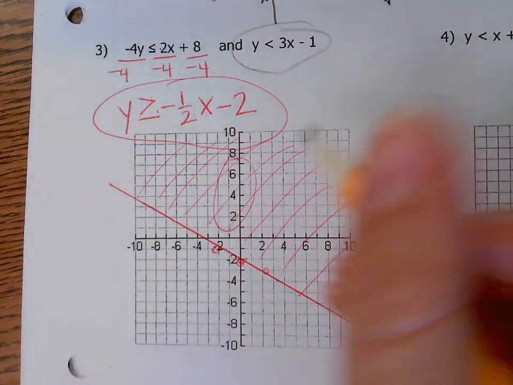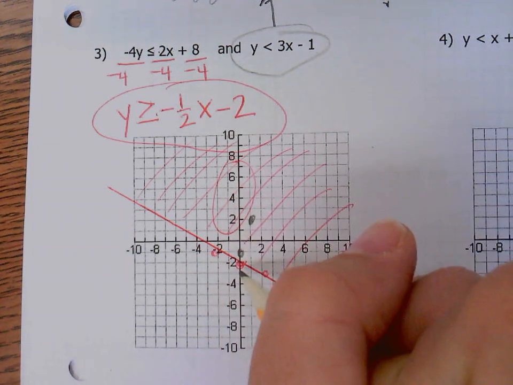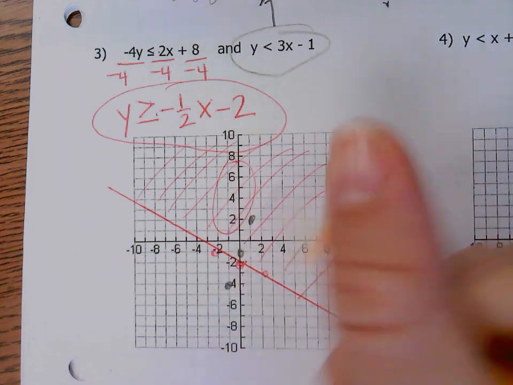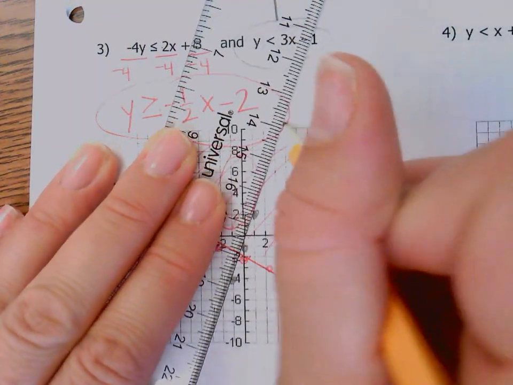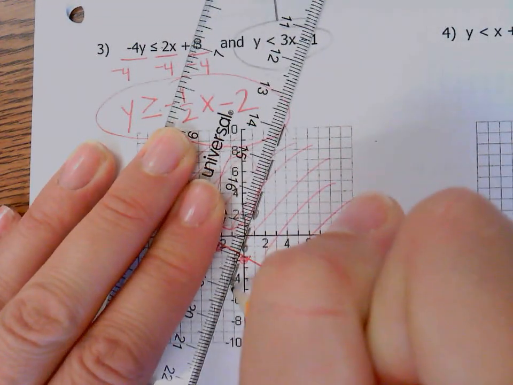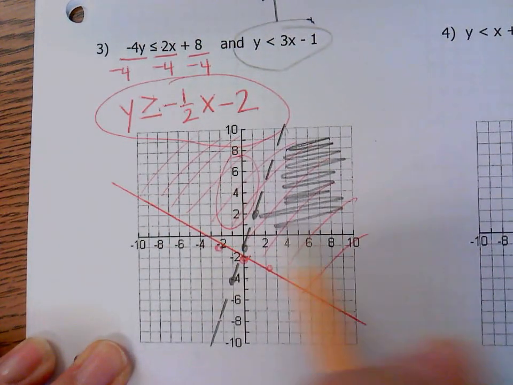So the second line starts at -1, up 3 over 1, down 3 over 1. You guys are going to have to check your own work on this one. Make sure you got it right. Y is less than, so it looks like I'm over here, right?